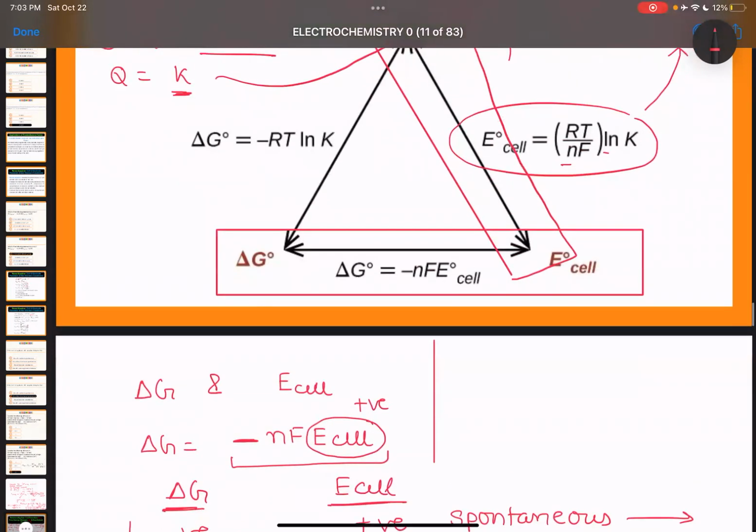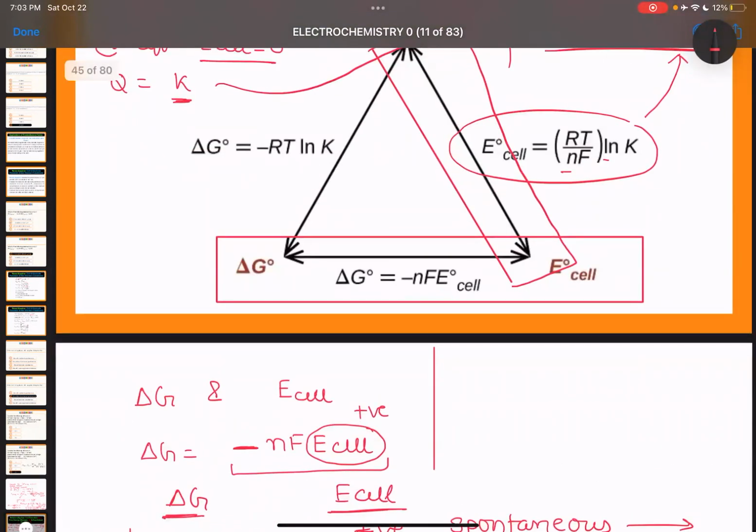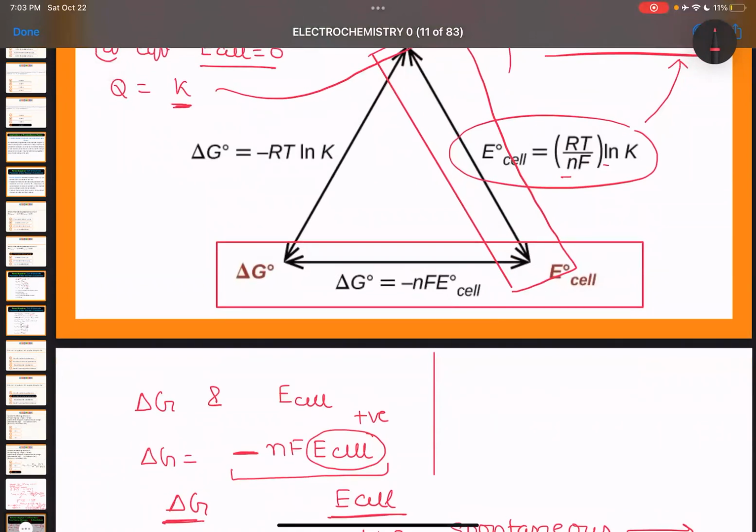Okay. So if you understood this, then the second relationship can be derived from the Nernst equation.